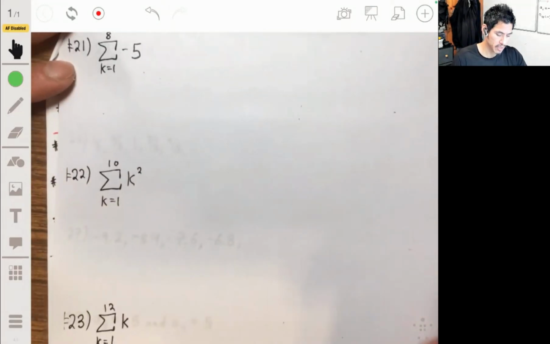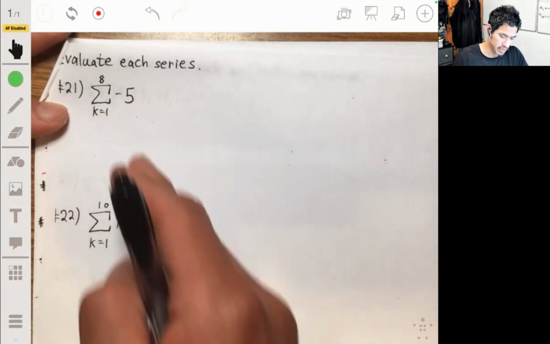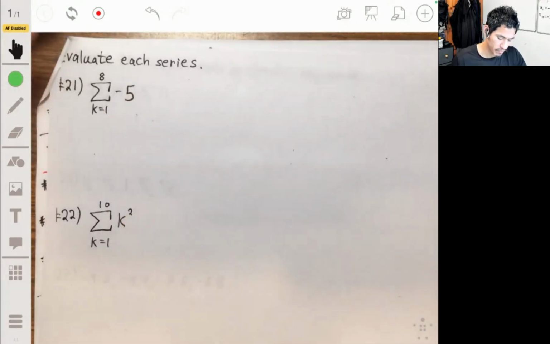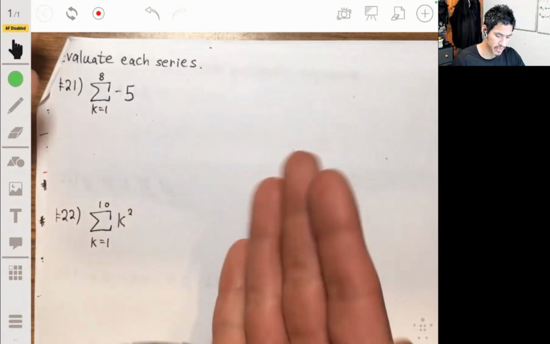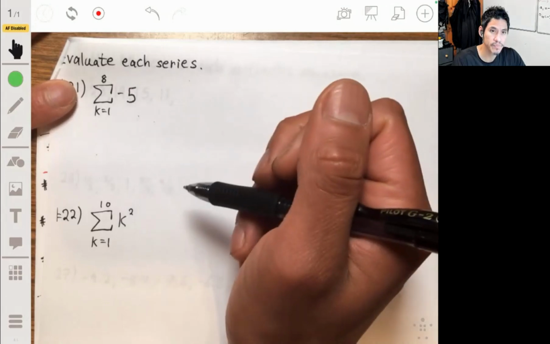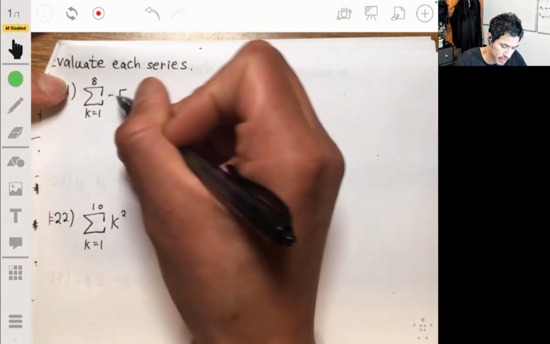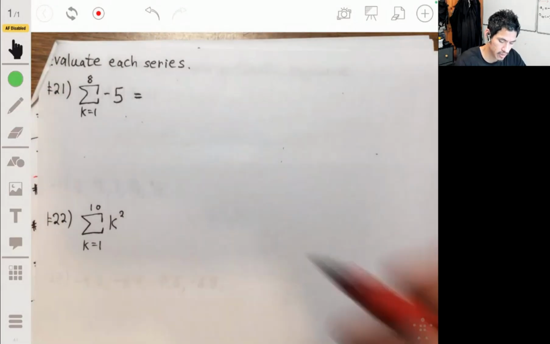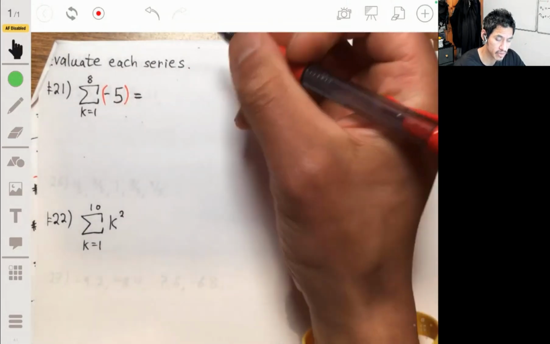All right, here we have a couple of examples where we're gonna evaluate these series where we're given kind of the same goal, but we don't have to worry about expanding. You can figure out some patterns here. So we're gonna add the first 8 terms, and each term for this one is given as -5.